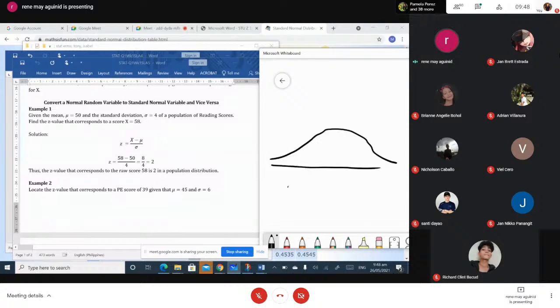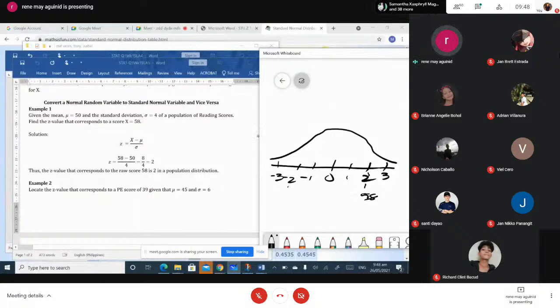Okay, 0, negative 1, negative 2, negative 3. You have 1, 2, 3. Okay, so, asa man makita ang 58? Naado siya sa 2. So, diri siya makita. Kung i-draw lang without computation, makabalo man gihapon kay our mu is 50.